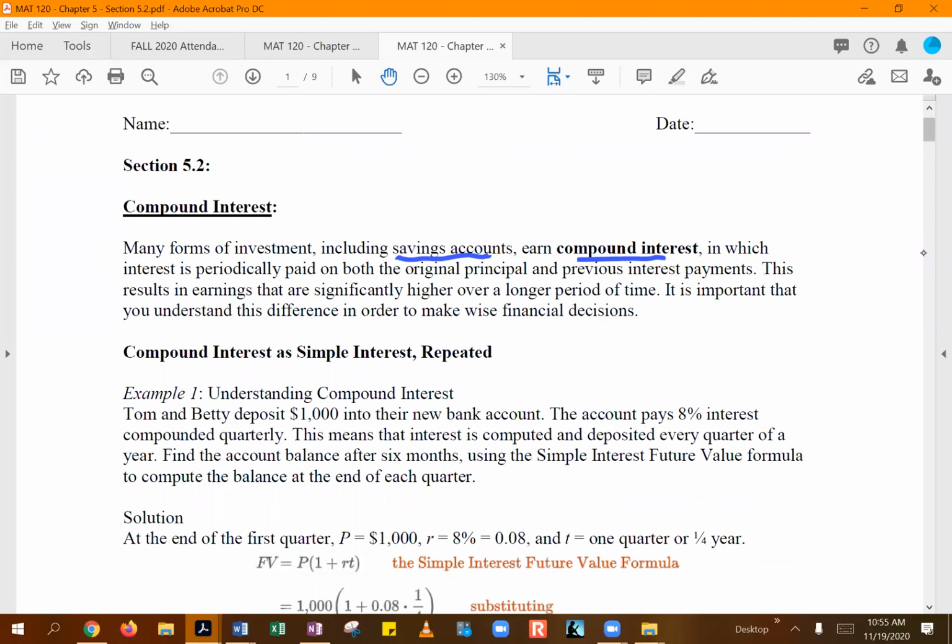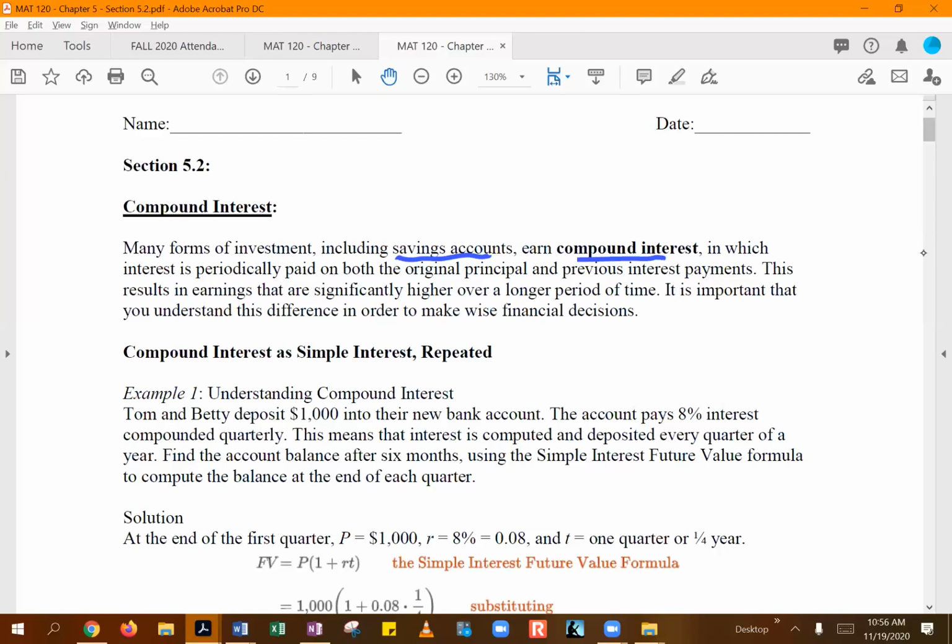Now, compound interest is paid on the original principal that you are investing, but it also calculates interest not just on the original principal, but also on any previous interest that your investment account would have earned.